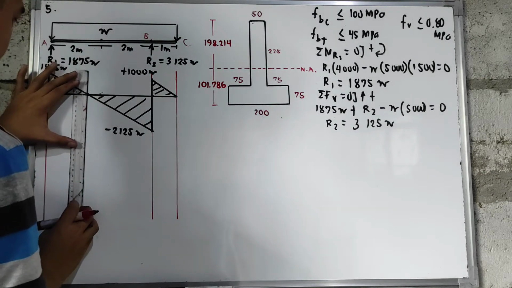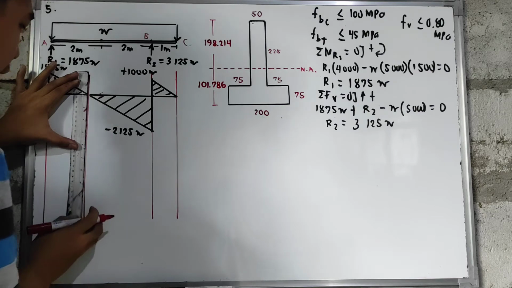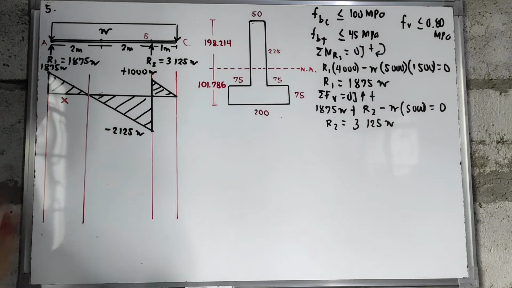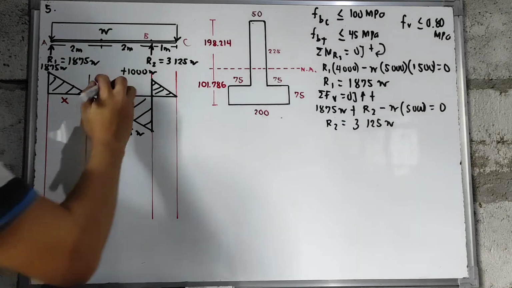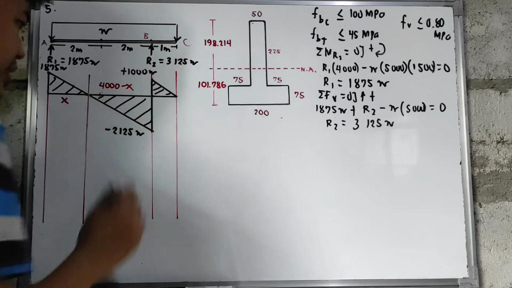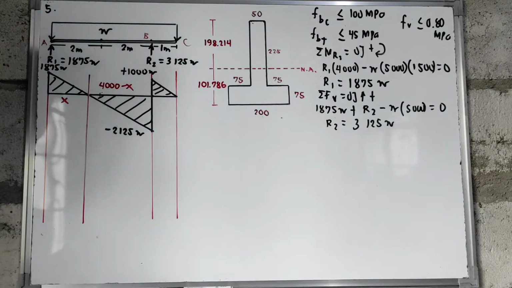So, let us consider yung zero shear natin. I-reflect natin siya pababa to calculate for the value of your Mmax. So, let's say this is the value of your X. So, meaning to say yung matitira, that is 4,000 minus X. So, for this one, let us calculate for the value of your X.